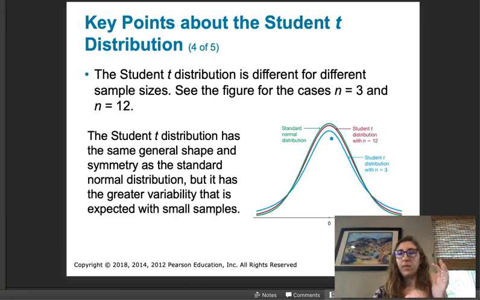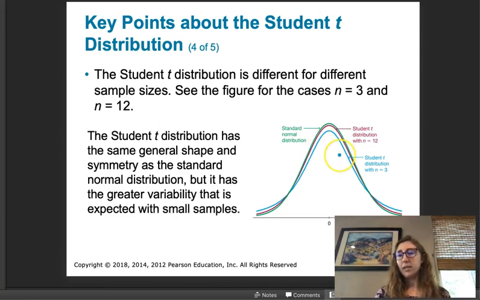So when we are trying to estimate our population mean, it's very, very rare to have our population standard deviation. So instead of using a standard normal distribution, we need to use a student's T distribution.